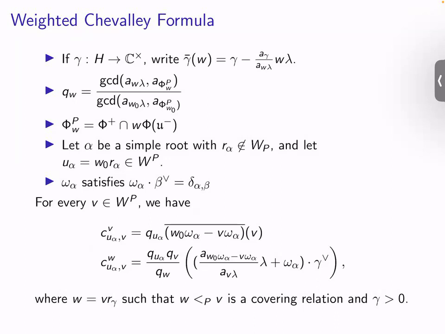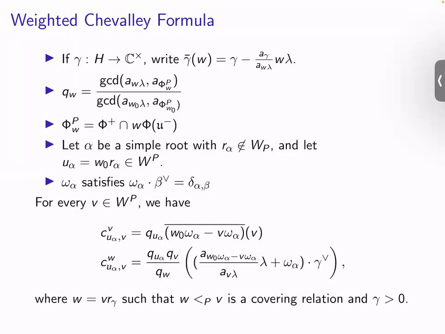So here's the Chevalley formula for every Weyl group element. If you expand the product of the class at U alpha and U at V, you get this Q U alpha times a sum of negative weighted simple roots.